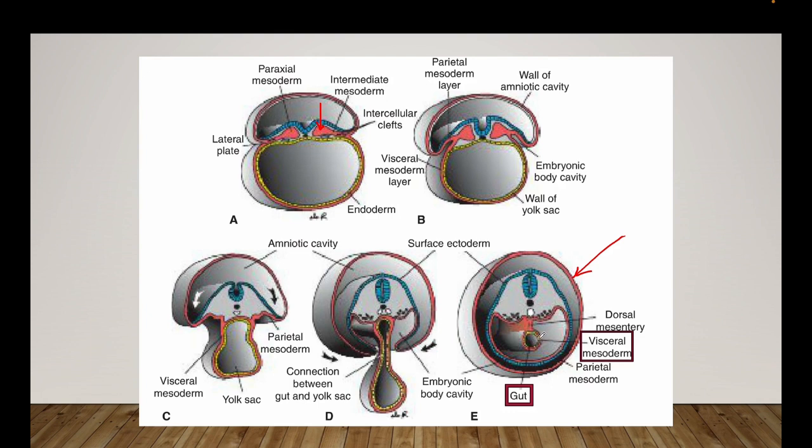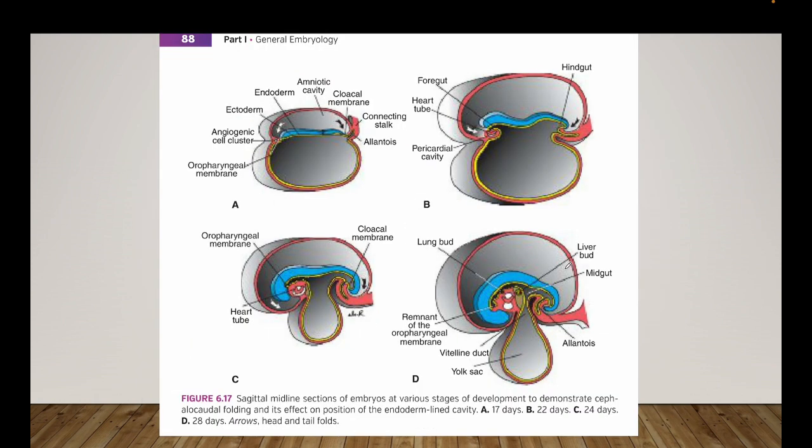This primitive gut, it has layers. The inner layer is the endoderm, and the outer layer, the red part, is the mesoderm, particularly the visceral mesoderm or the splanchnic mesoderm, also plays a role in the respiratory development. وعندنا هذا neural tube. This is the anteroposterior folding.